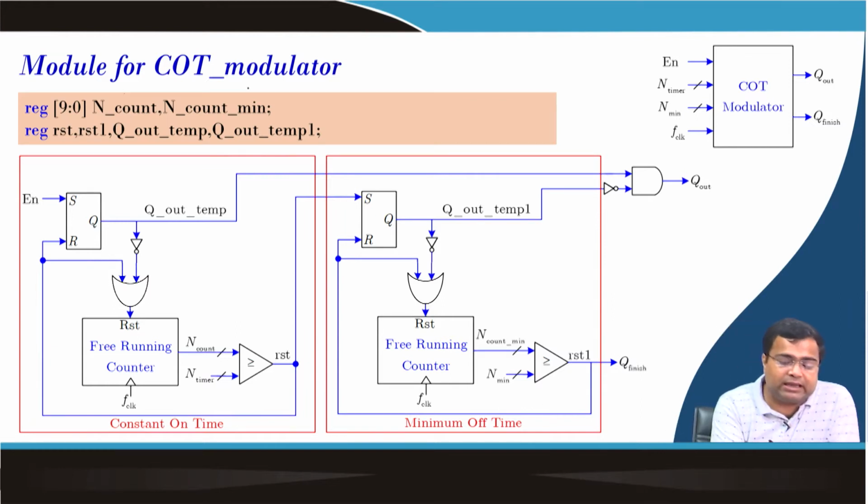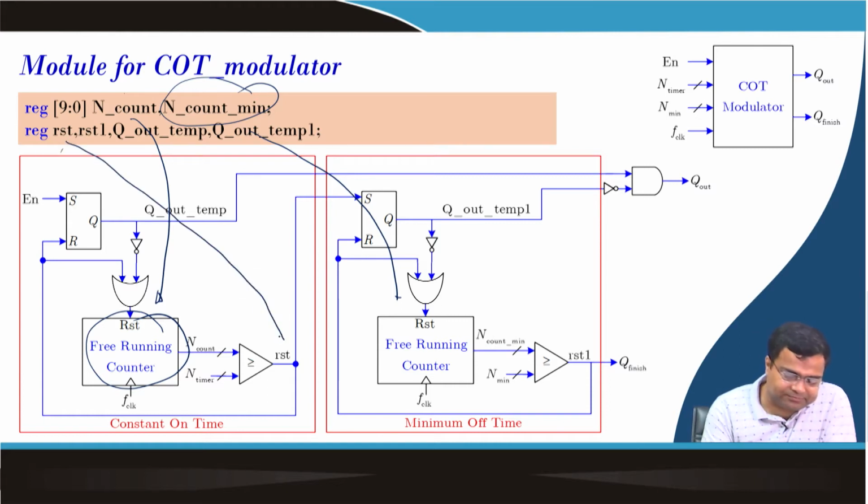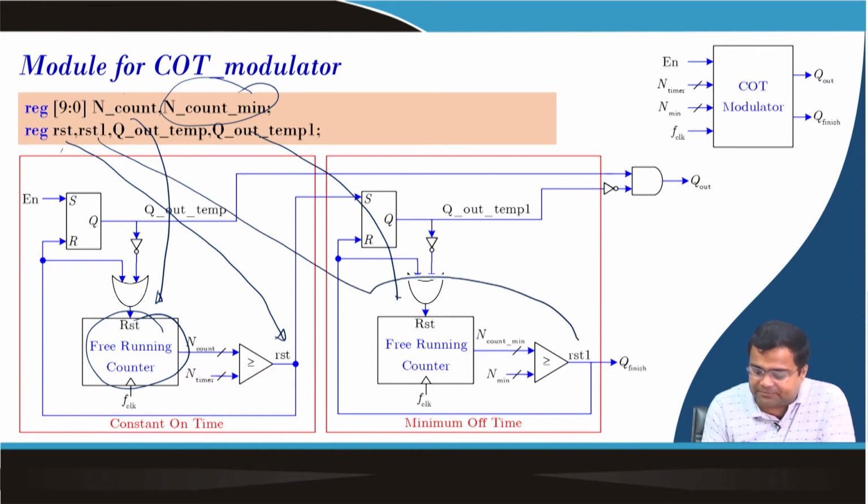So, N count and N minimum count, that means we need two counters. One counter is here, and another counter is here, and both we are taking as 10 bit unsigned counters. We have defined RST, which is this signal here, and RST1, which is this signal here.